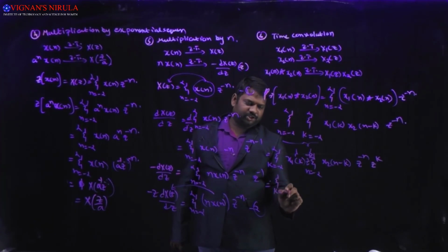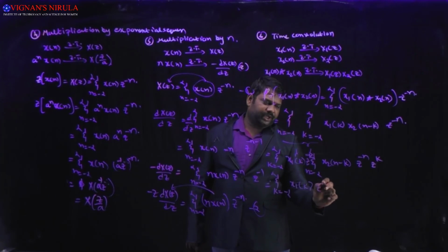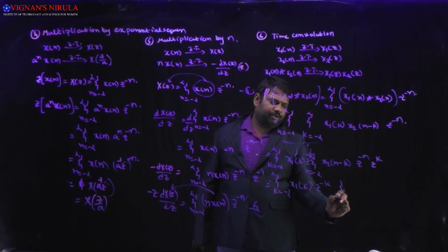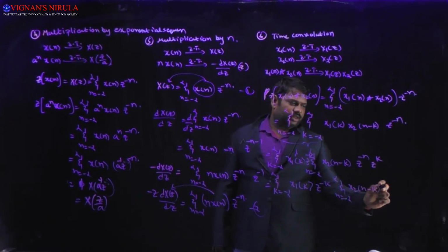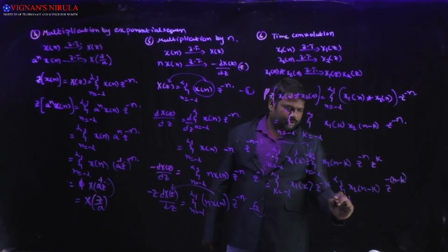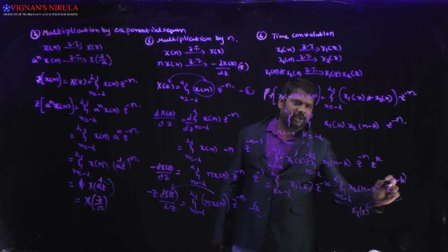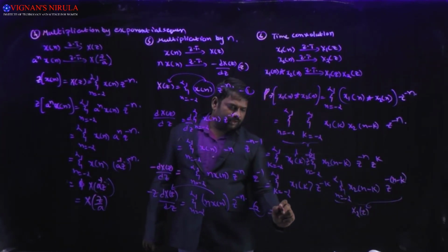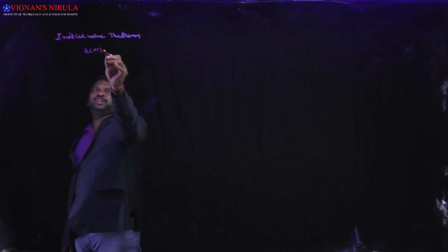So k varies from minus infinity to infinity x1 of k and z power minus k, summation n varies from minus infinity to infinity x2 of n minus k, z power minus of n minus k taken as common. Now this becomes our second z transform, as we have n minus k, and this becomes the first z transform. Therefore finally x1 of z into x2 of z.